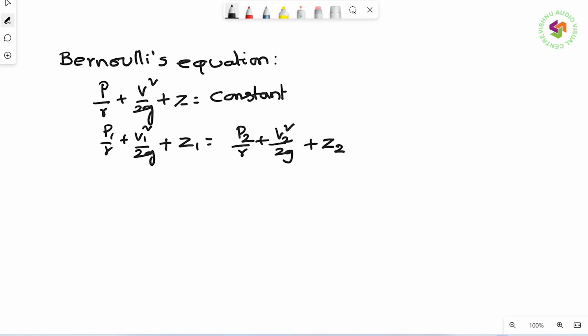The assumptions involved in this equation are: number one, the fluid is an ideal fluid, that means non-viscous.